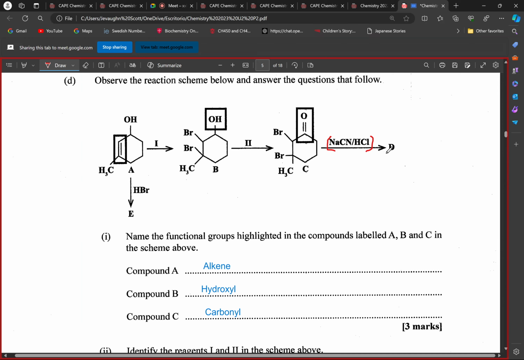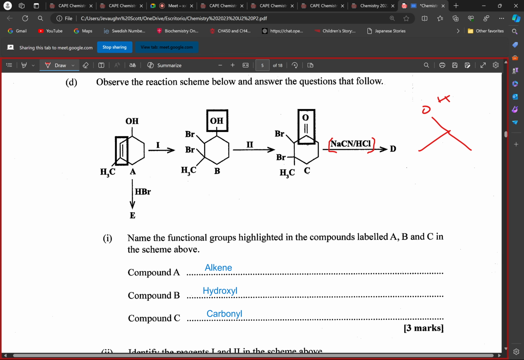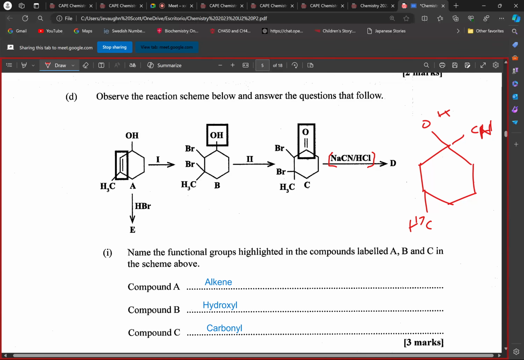So if it is that, we know that in our nucleophilic addition we're going to end up with a hydroxyl group and a cyano group there, and then we're going to have everything else remaining the way it was before, CH3 and everything else. Any issues with that?